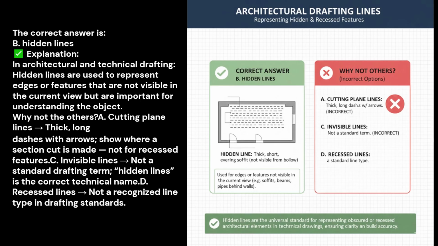Explanation. In architectural and technical drafting, hidden lines are used to represent edges or features that are not visible in the current view but are important for understanding the object, such as recessed elements, overhead soffits, cabinets set into walls, or pipes behind walls. These lines are drawn as short, evenly spaced dashes.